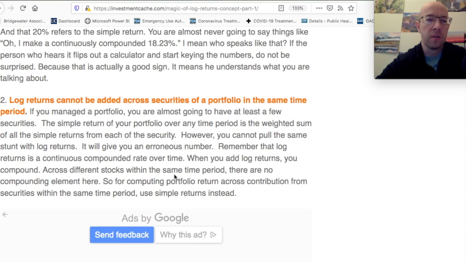When you add log returns, you compound. Across different stocks within the same period, there are no compounding elements here. That makes sense. I don't get extra money on my Amazon stock just because I got some good return on Tesla. There's no crossover bonus like that. So for computing portfolio returns across contribution from securities within the same time period, use simple returns instead.